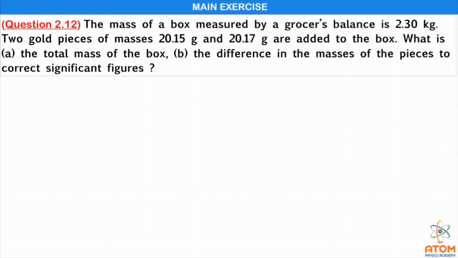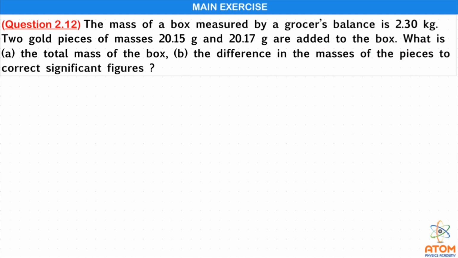Now let us see main exercise question 2.12. The mass of a box measured by a grocer's balance is 2.30 kilogram. 2 gold pieces of masses 20.15 gram and 20.17 gram are added to the box.